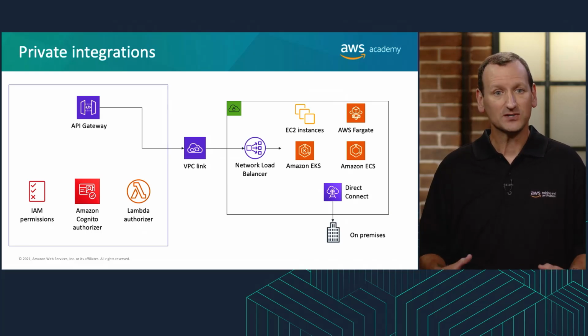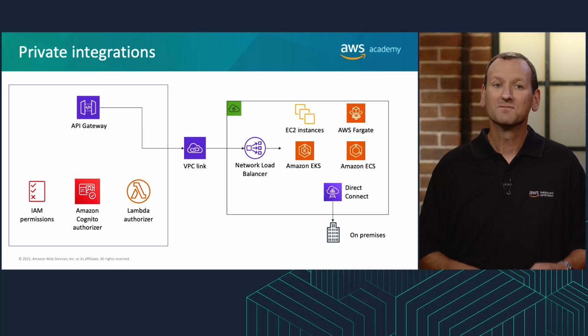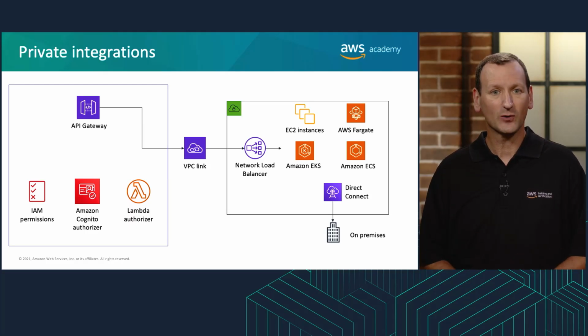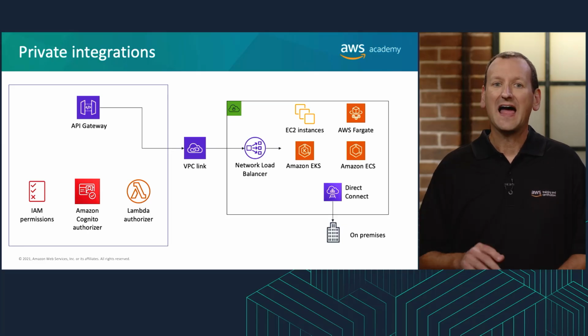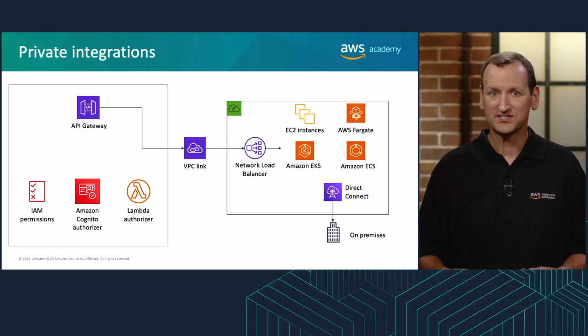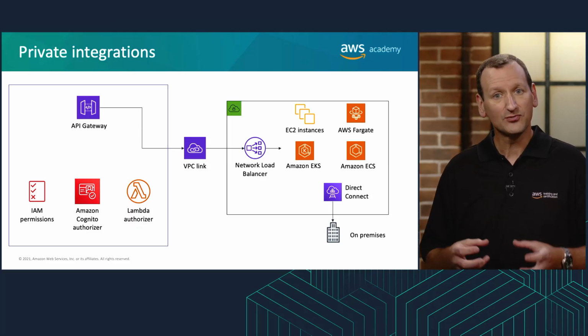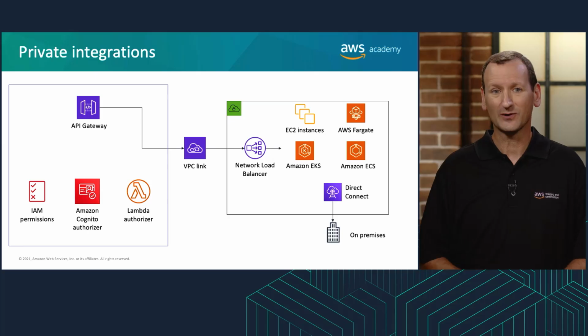It must have a listener that routes requests to resources in your VPC. Then, create a VPC link to connect your API and your network load balancer. After creating the VPC link, create private integrations to route traffic from your API to resources in your VPC through your VPC link and network load balancer.